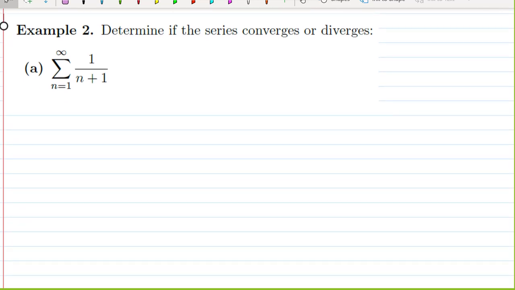So example number 2, determine if the series converges or diverges. So if we tried to do direct comparison, we'd find that it's not going to work very well. But this reminds us a little bit of a different series. So I'm going to call this guy a_n, or at least the general term. So we have our a_n is equal to 1 over n squared, or n plus 1. And I want to do limit comparison with, and we'll notice that this is degree 0 in the top and degree 1 in the bottom.